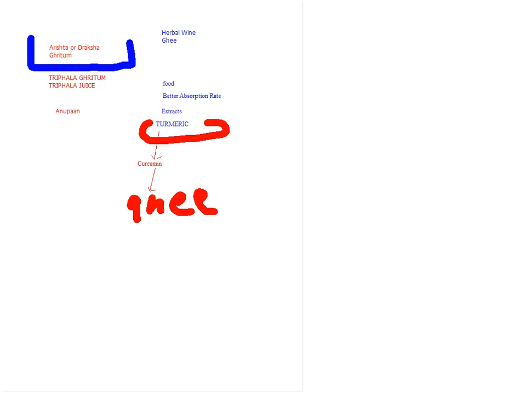So that fat is needed to extract the curcumin out of turmeric. And then when you eat the sauteed vegetables which have ghee and curcumin in them, it gets absorbed by the body very quickly, comparatively.